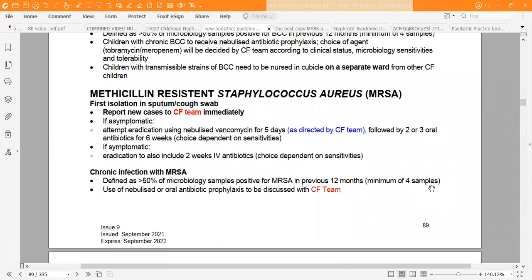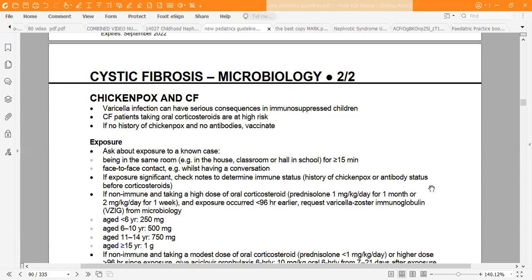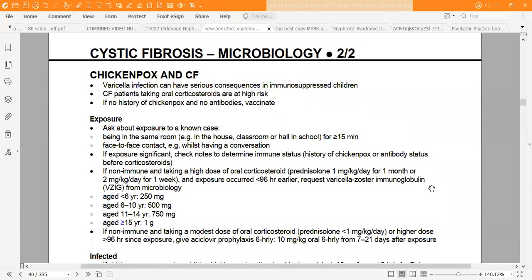Chronic infection with MRSA is defined the same way: more than 50% of microbiology positive for MRSA in the previous 12 months. Use of nebulized or oral antibiotic prophylaxis is to be discussed with the CF team. The next page is talking about chickenpox and CF patients.